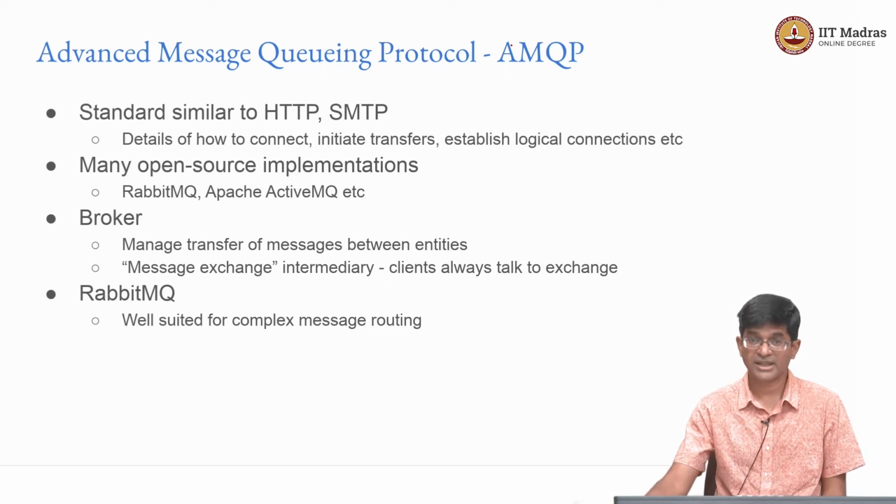There are several open source implementations of AMQP. One of the most well known is what's called RabbitMQ. There are others, Apache ActiveMQ, there are some proprietary implementations as well. It effectively functions as something called a broker, which means that it manages the transfer of information between different entities that are interested. And it primarily is working as a message exchange.